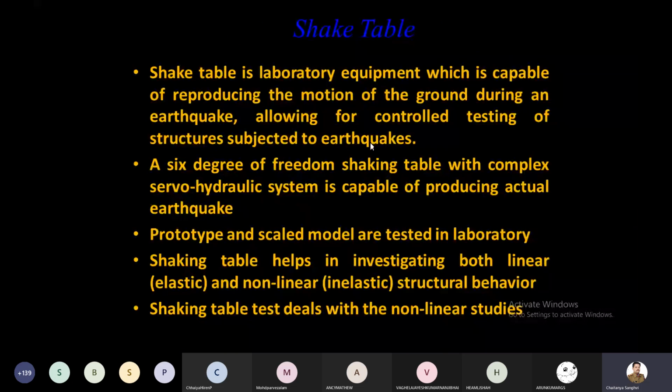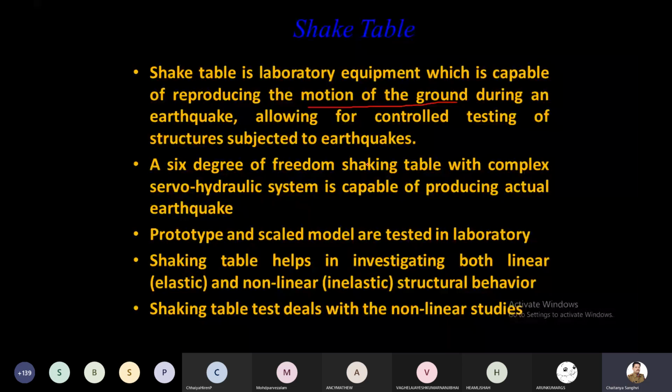Right. Now, what is a shake table? A shake table is a laboratory equipment which is capable of reproducing the motion of the ground during an earthquake, allowing for controlled testing of structures subjected to earthquakes. So the shake tables are such that they actually produce the real earthquake motion, right? And what is the degree of freedom?